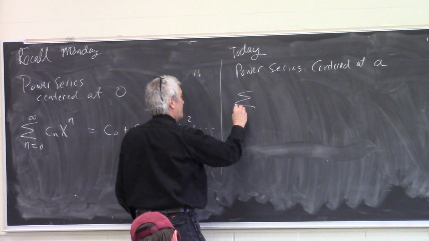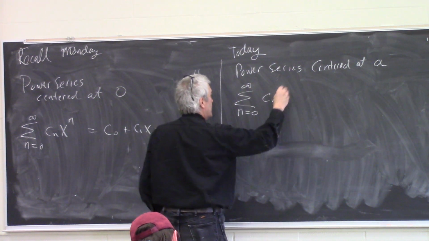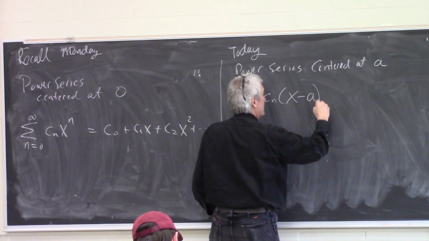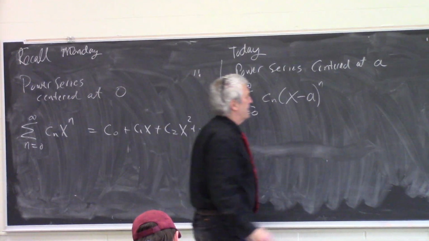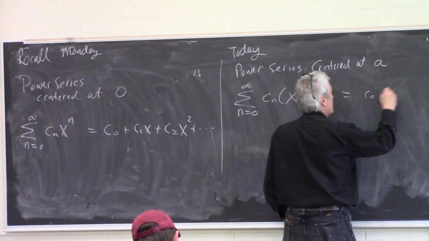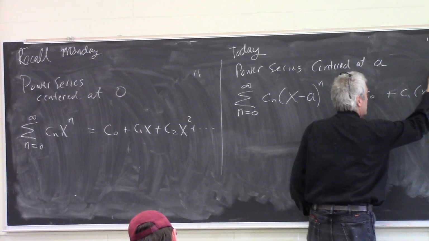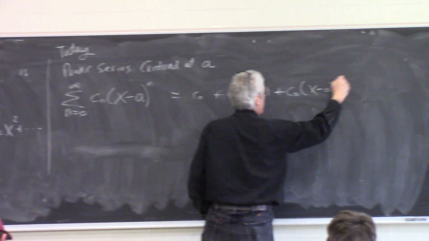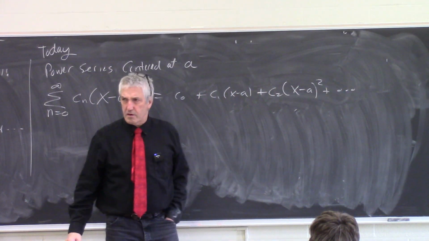The same summation symbol from 0 to infinity of Cn, but instead of just x to the n, we have x minus a raised to the nth power. So that's going to be C0 plus C1 times (x minus a) plus C2 times (x minus a) squared, and so forth. That's one thing I wanted to talk about.